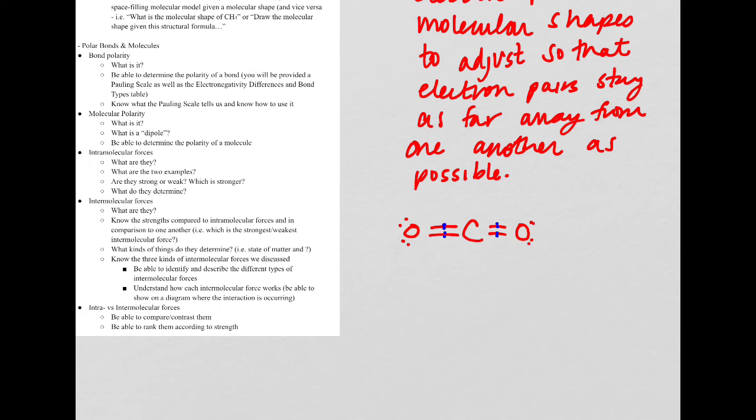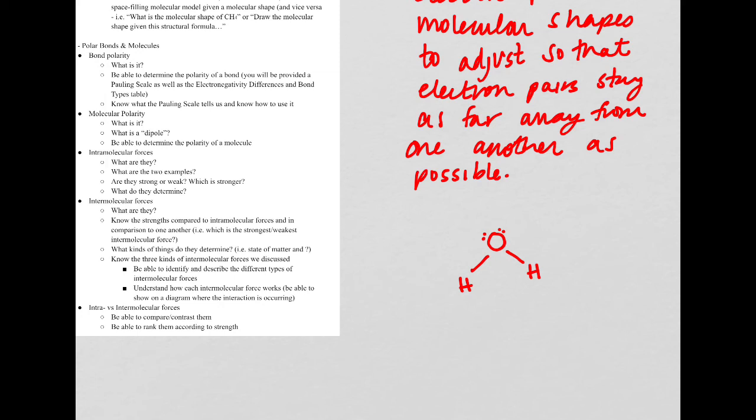Let's look at our bent shape. Our bent shape, remember, we'll get water. Our bent shape is like this, and we always draw those 2 electrons at the top like that. Well, this is how we normally draw water.